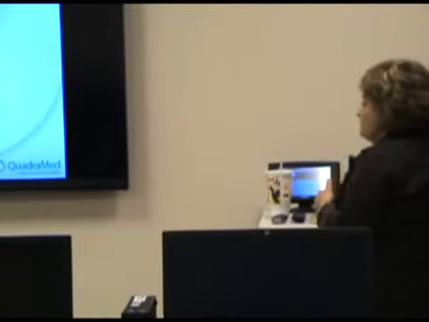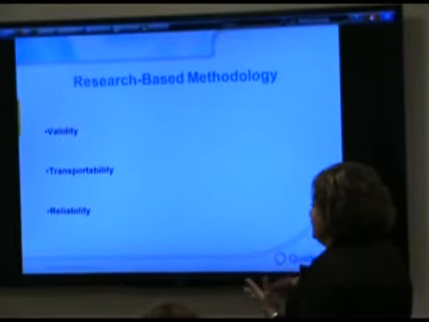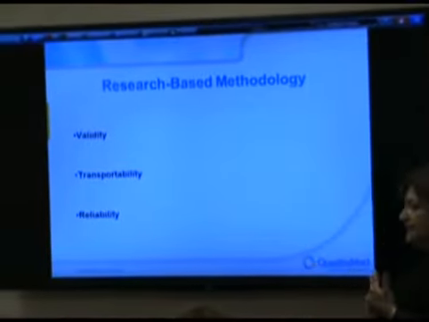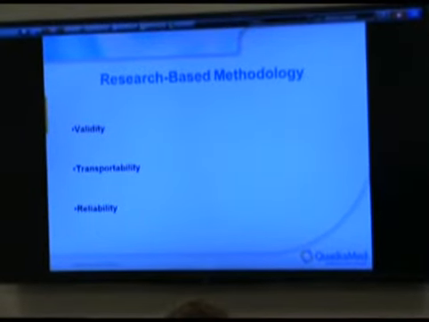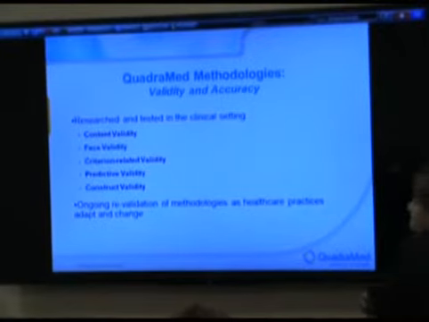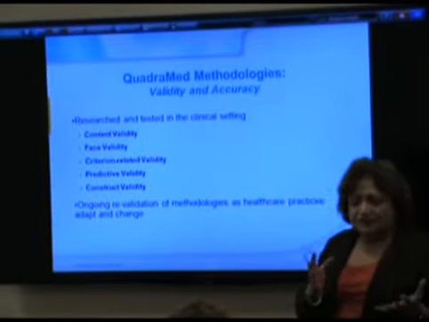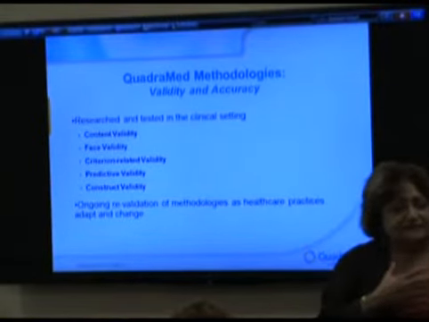So our methodology is based on research, and we look at validity, transportability, and reliability. These are the validity elements that we test. To make a long story short, a couple of things we test is this.